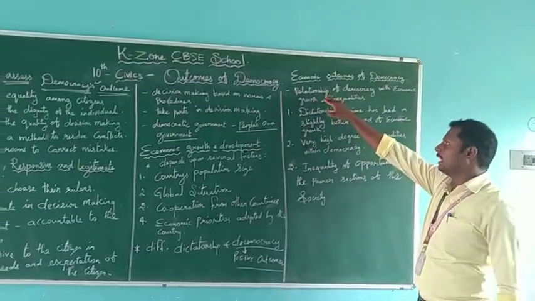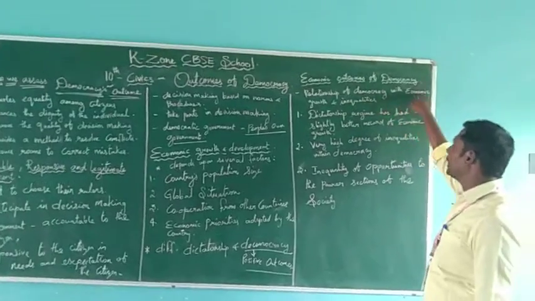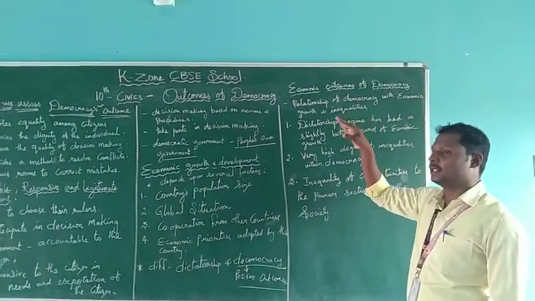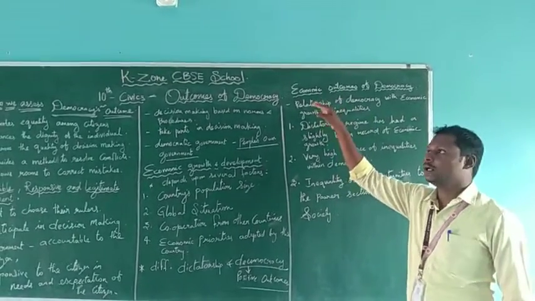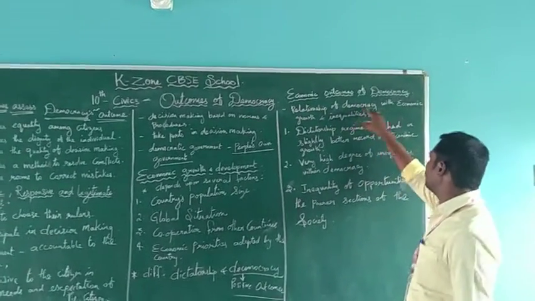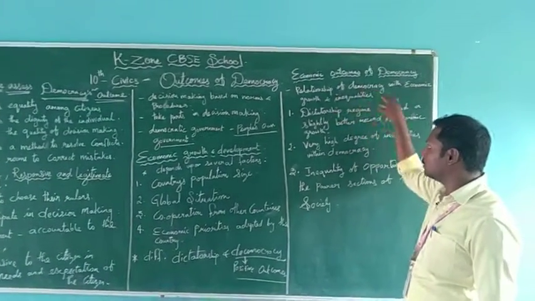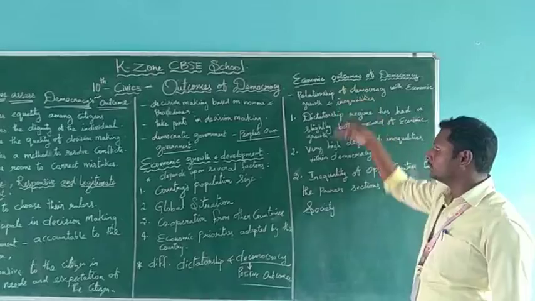Usually, the relationship of democracy with economic growth and inequalities, that means economic inequalities. What is the connection between democracy, economic growth and economic inequality? This is a three-dimensional relationship. We will see that.